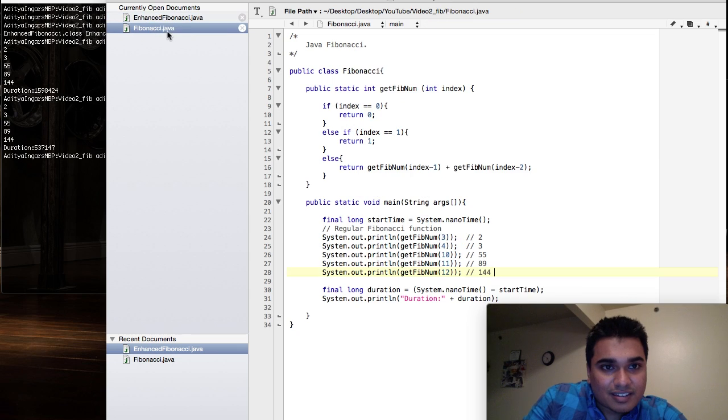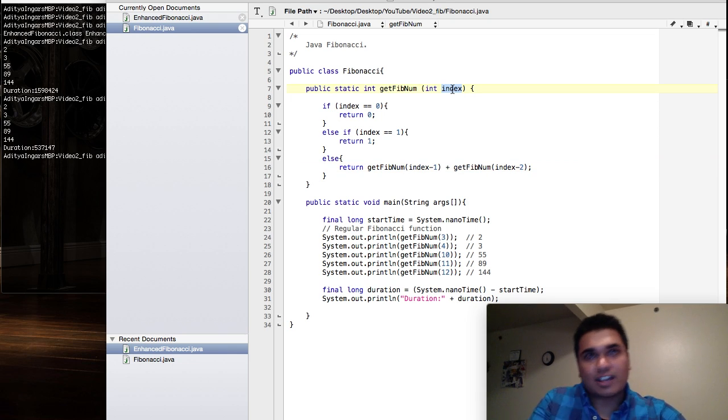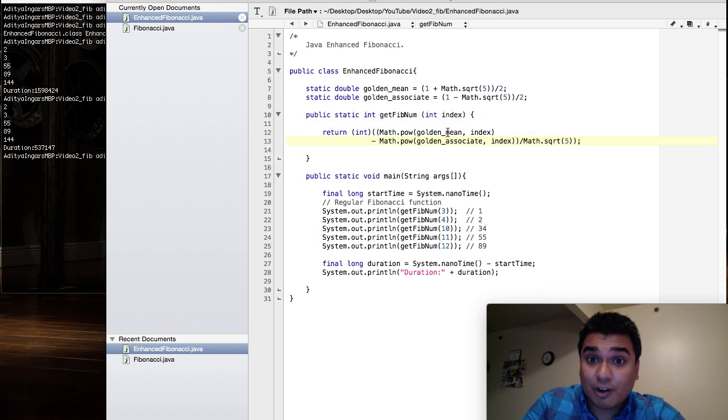The reason is that Fibonacci is an O(n) function, and if you're trying to calculate the nth Fibonacci number, you have to calculate n minus 1, n minus 2, and so on. So it is potentially an O(n) function, and enhanced Fibonacci is also an O(n) function because Math.pow is an O(n) function. To calculate something to the power n, it takes n iterations.